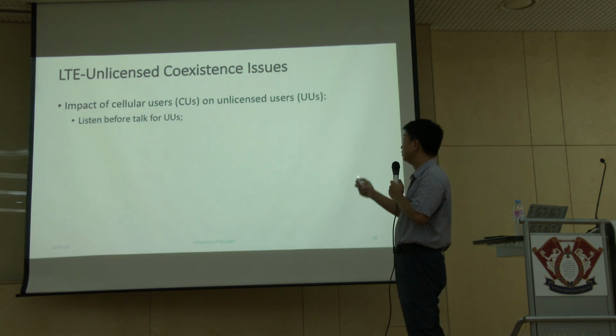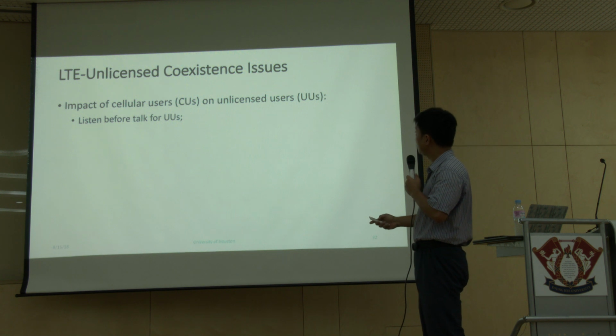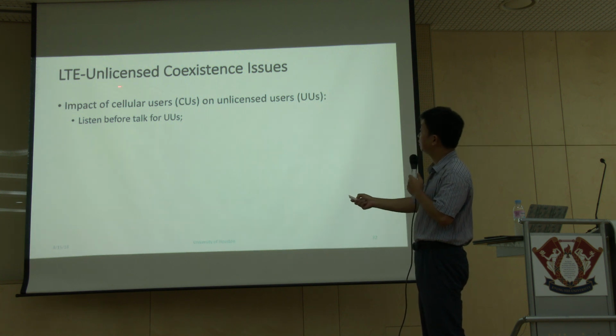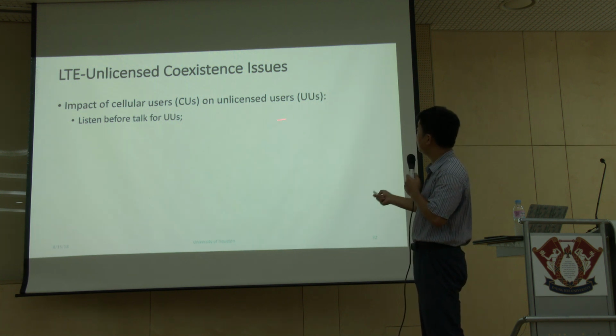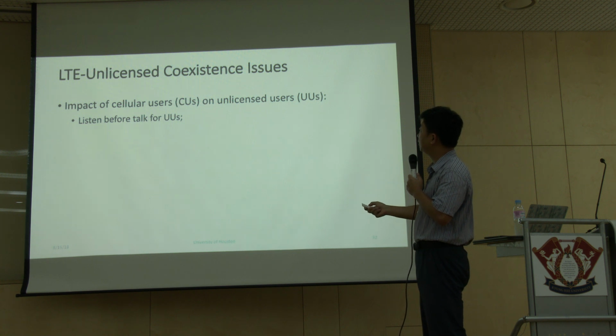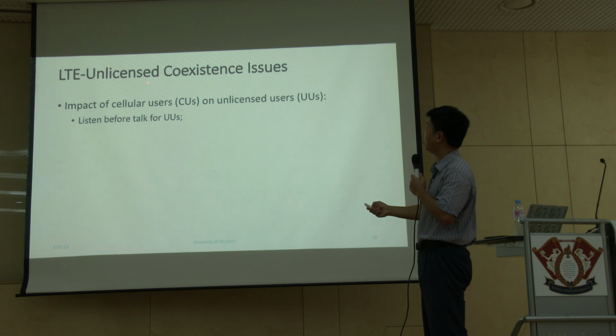So here we have the cell phone user and the unlicensed user, and basically the impact of the cell phone user on the unlicensed user. Firstly, the cell phone user in the unlicensed band has to listen before talk.